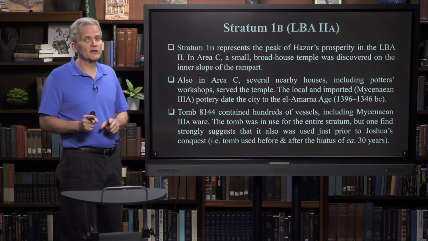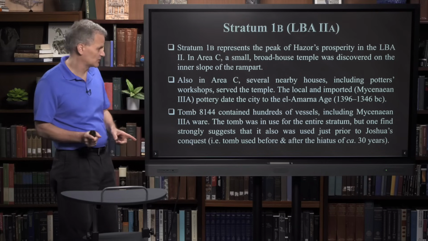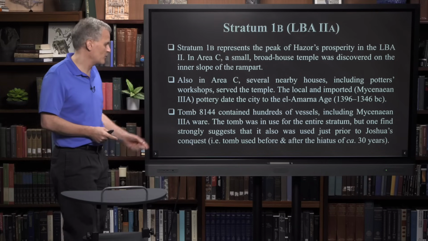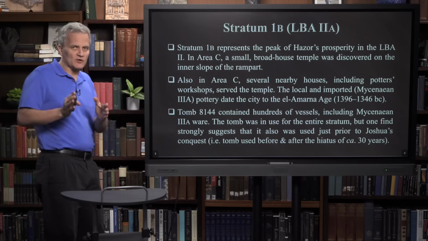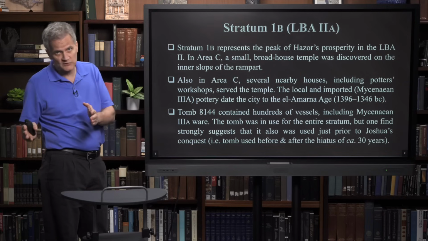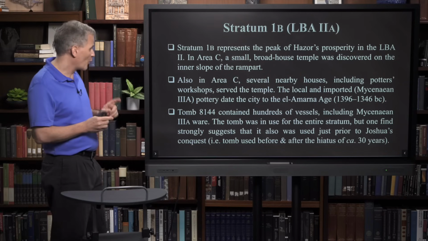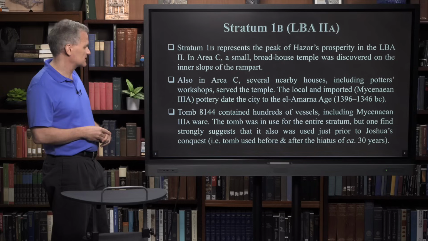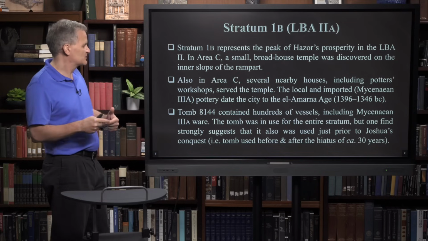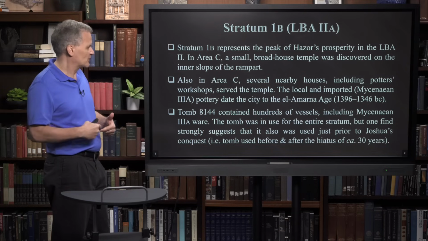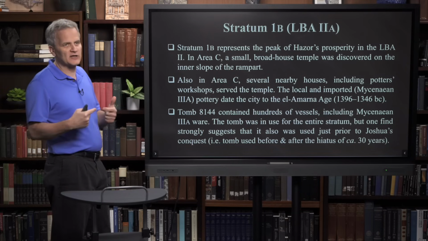Tomb 8144 contained hundreds of vessels, including Mycenaean 3 ware, and the tomb was in use for the entire stratum, that is, that first occupational phase after the conquest of Joshua. But one find strongly suggests that the tomb also was used just prior to Joshua's conquest. That is, the tomb used before and after the hiatus of the 30 years.